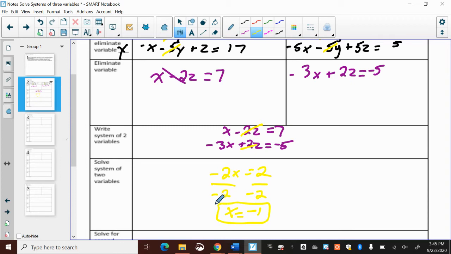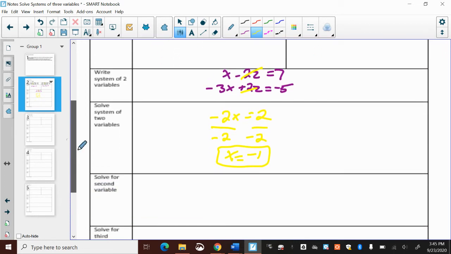Okay, so our next step is to solve for the second variable in that 2 variable system. I'm going to use the first equation, x minus 2z is equal to 7. I'm going to replace x with negative 1 here. I'm going to add 1 to both sides to solve for z.